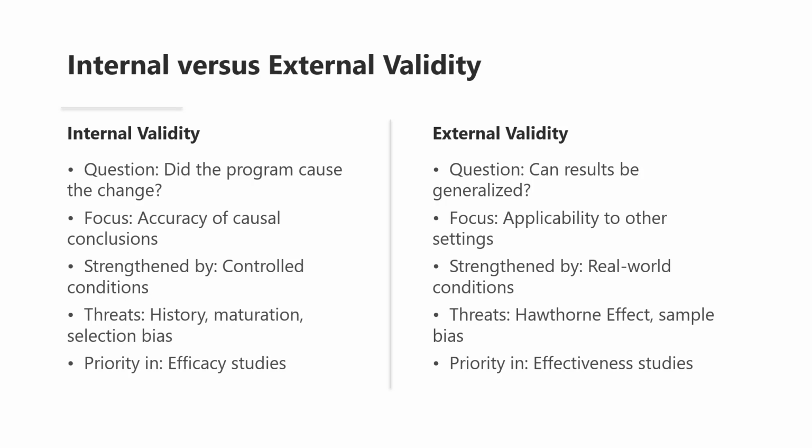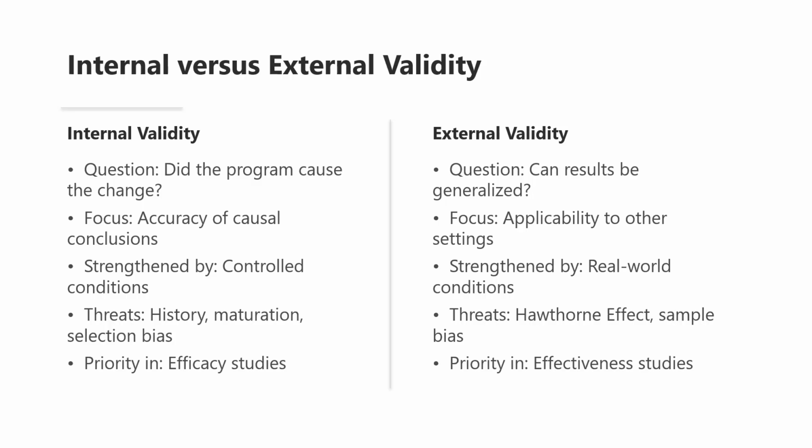Internal validity and external validity address different concerns, and here is something important for you to understand. They often exist in tension with each other. Studies with very high internal validity, such as tightly controlled laboratory experiments, may have low external validity because those controlled conditions do not reflect the real world.